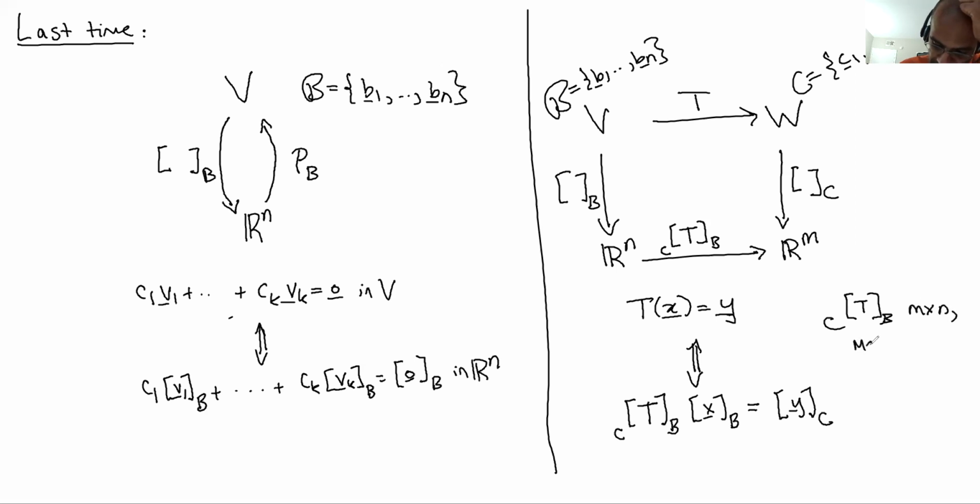This is the matrix of T relative to the bases B and C. And so now I'm just going to give an example of how to translate a theorem using this correspondence.